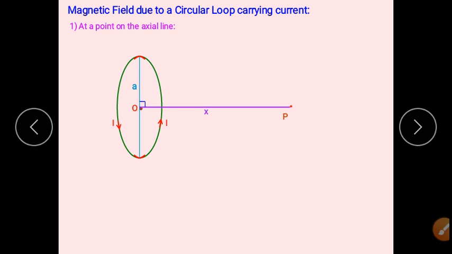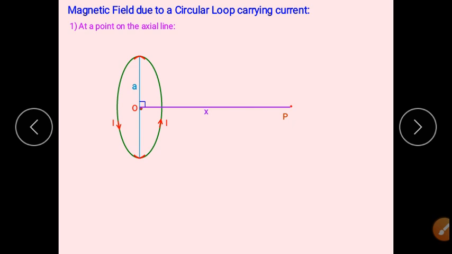One more thing, the current carrying loop is kept perpendicular to the plane of diagram. In which plane we are drawing the diagram, the loop is kept perpendicular to that plane.